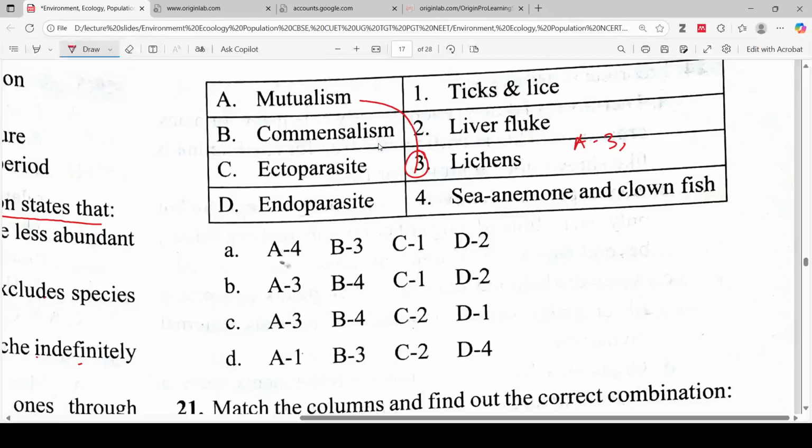Commensalism, B 4. Ectoparasite, C 1. Endoparasite, liver fluke, D 2. So the correct answer is option D.